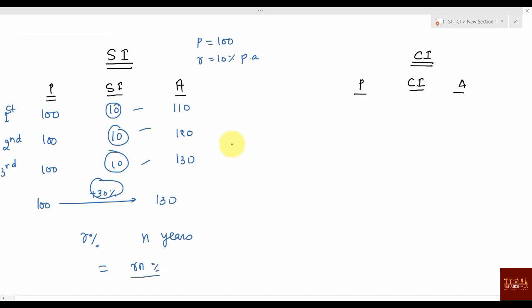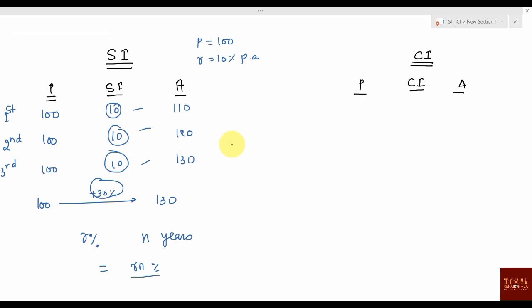I'll not teach you any formula in CI and SI. If you expect some formulas here, definitely I'm not going to tell you any formula, because if I teach you formulas, believe me, there will be at least 20 to 25 formulas in CI and SI, and those formulas will differ from each other by some little changes.